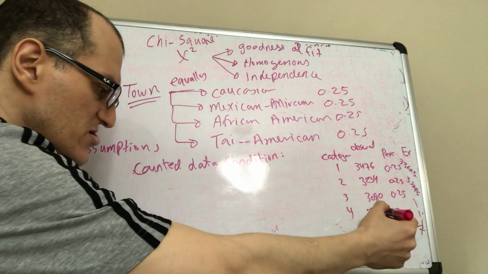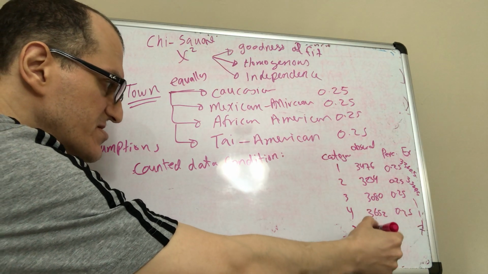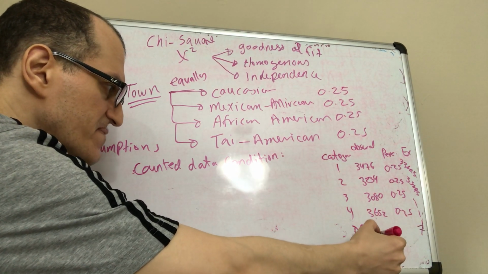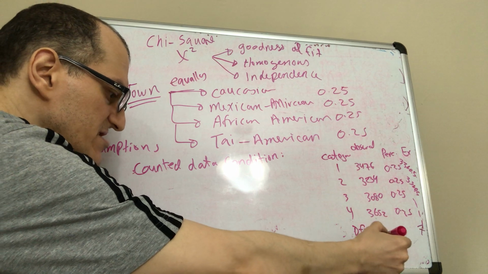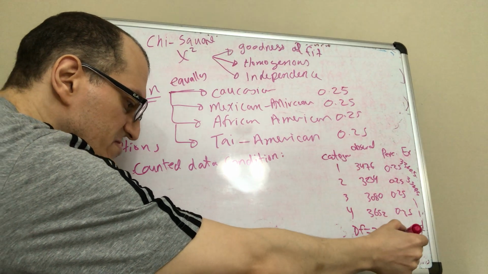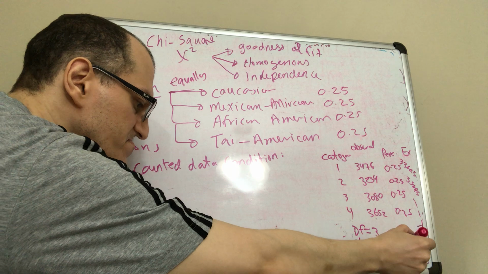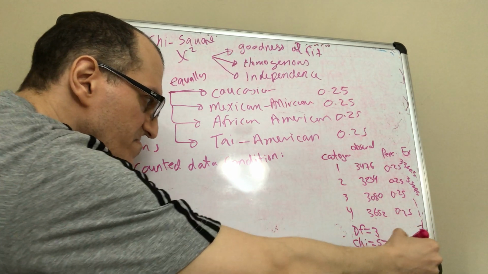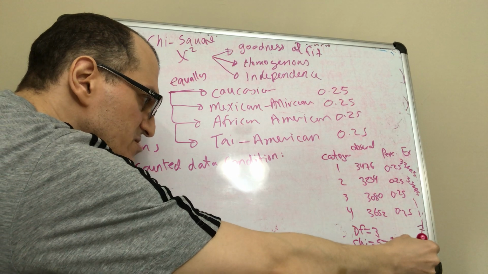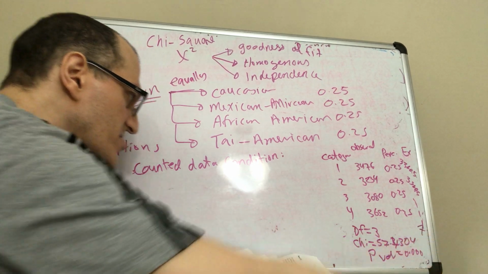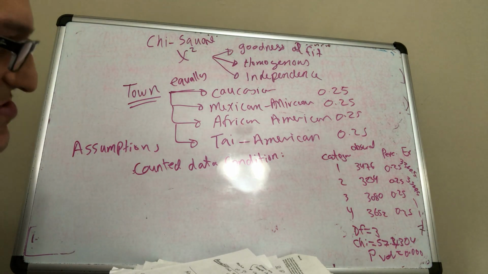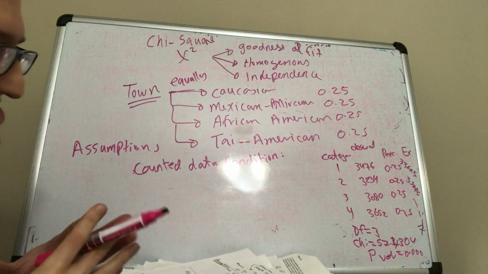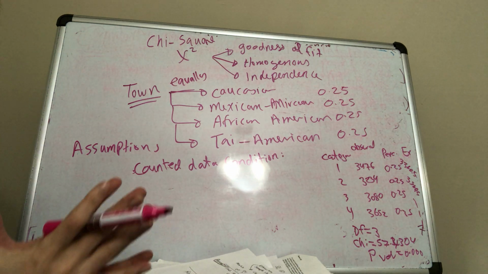The table also told you that the degree of freedom is 3, the chi number is 57, and the p-value is 0.